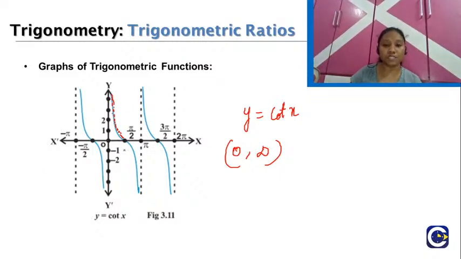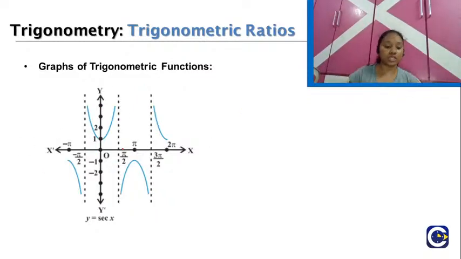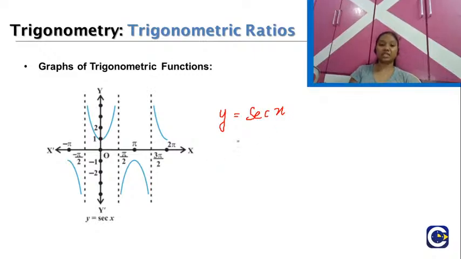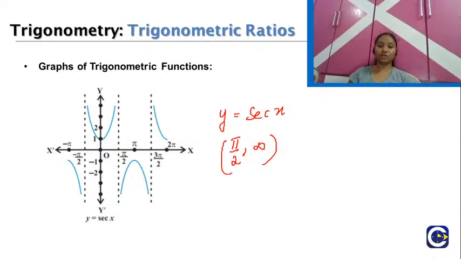Next we are going to see the function secant. So here we are having a function y is equal to secant x. Right. So the same thing here, even for secant, if you remember, secant pi by 2 is nothing but equal to infinity, which means at the value of x equal to pi by 2, we are getting the y value to be infinity, which is pi by 2 comma infinity.